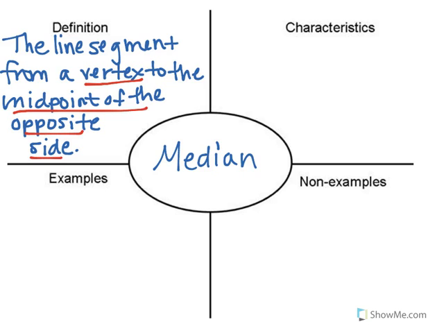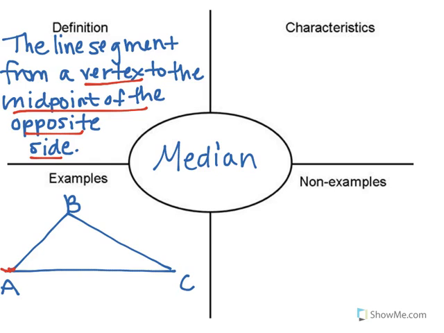So I think what's helpful is if we look at an example, the picture, first to kind of decode this definition. So if I have triangle ABC, in this first example, I want to draw the median from the vertex A, because we know it has to go from a vertex.